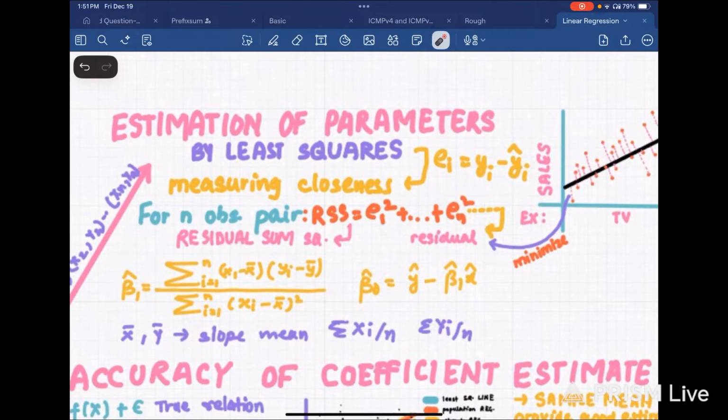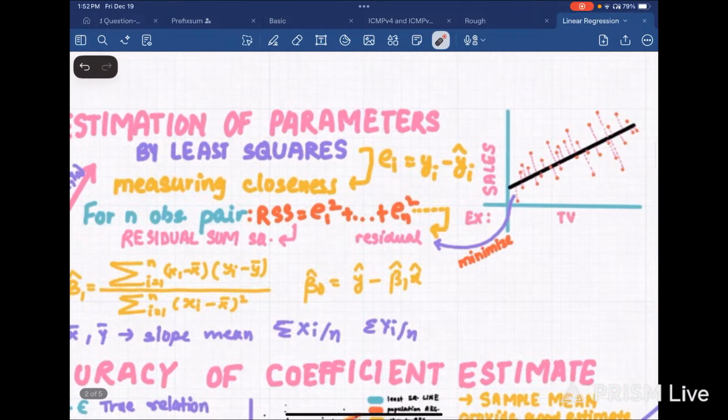So for n observation pairs, we will calculate the residual sum of squares, or RSS. This RSS equals e1 square plus e2 square plus ... till en square, since we have taken n observations.